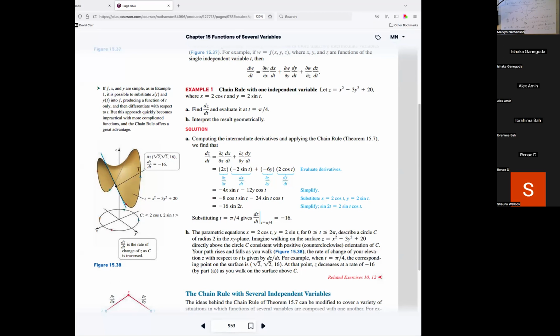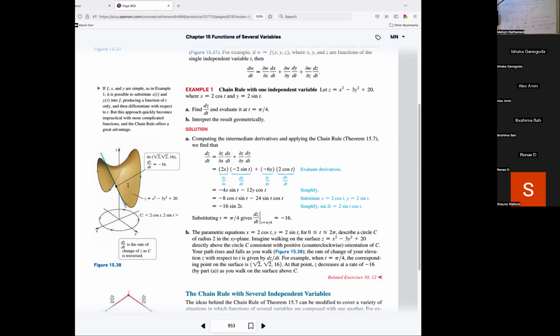This is the graph of this function as a function of x and y. So in the xy plane, this is the graph. It's a surface in three-dimensional space. But now we're just looking at x equal to 2 cosine t and y equal to 2 sine t. That means as t goes from minus infinity to infinity, you're just going around a circle.